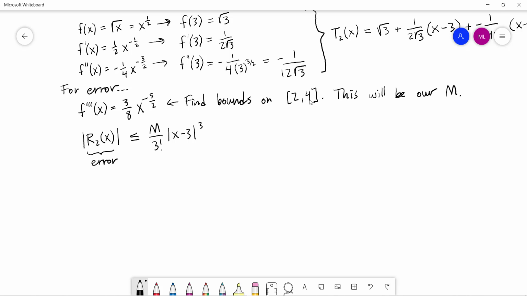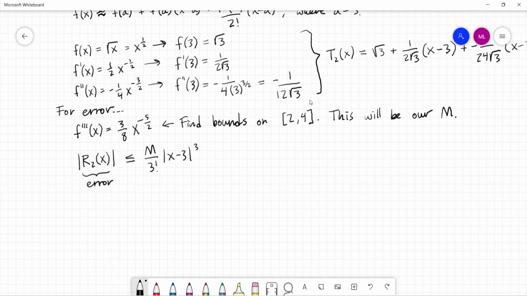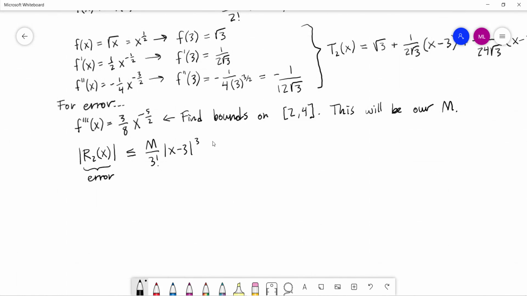So how do we figure out what that looks like? Well, we can actually plug in some of these values. If we note that this function here, 3/8 x to the negative 5/2, this ugly function here, if we plug in the two different bounds, 2 and 4, the two endpoints, we should get a sense of the behavior of this thing.